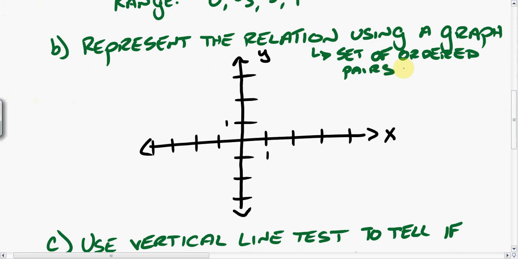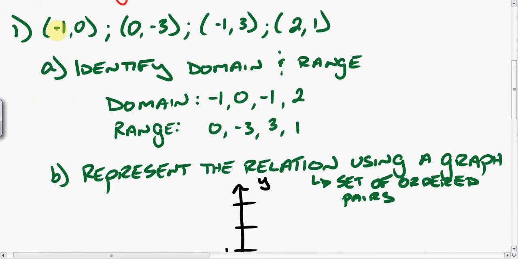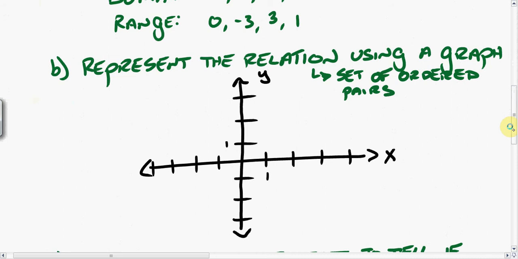We just want to plot each ordered pair in this graph. The first ordered pair is -1, comma 0. We know -1 is our x value, so I'm going to start at 0, comma 0, go to -1, and it's also -1, comma 0, so I don't need to move up or down on the y value. So that's my -1, comma 0.